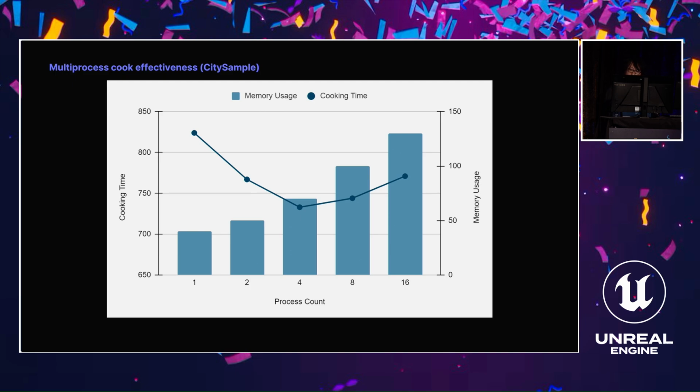On the flip side, the memory usage in the bar graph increased with the number of processes. In this case, 4 processes has the best effect, and our project is currently based on 4 processes. Since the effect depends on the project, please verify the actual impact on your project.